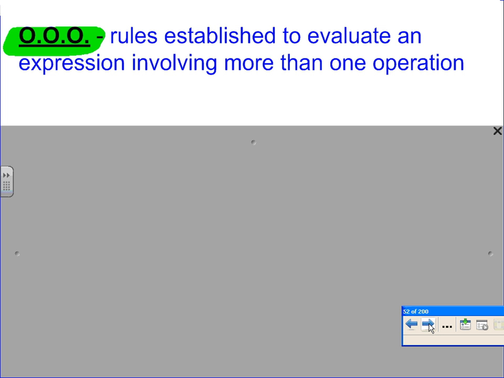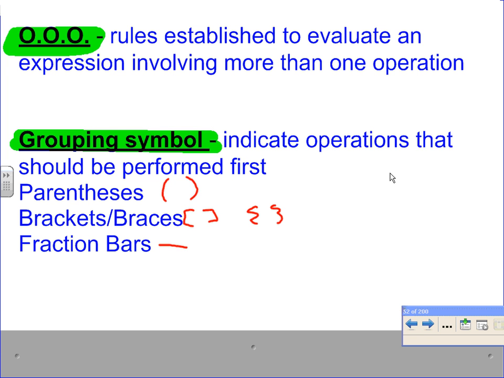Okay, there's something else called a brace. So a grouping symbol, very, very important that you know. You can write that underneath there wherever you have room. With order of operations, the very first thing you do is always simplify what is inside the grouping symbols. It indicates what operations should be performed first.